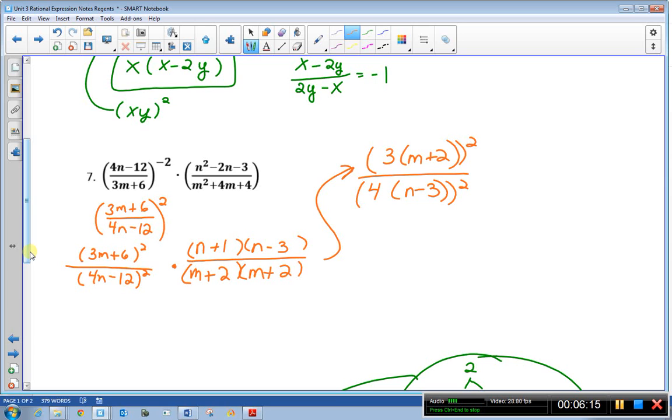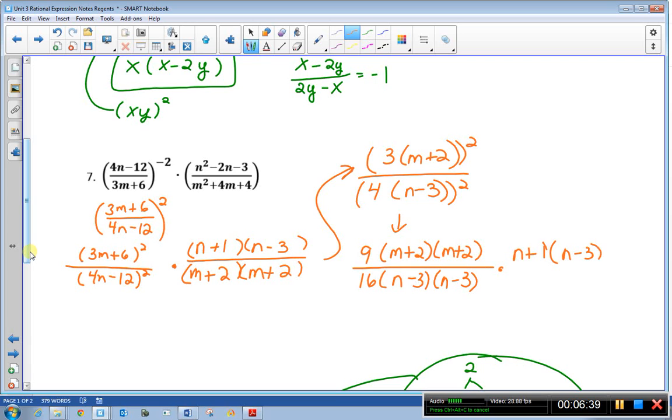So what we really end up getting there is 9 and m plus 2, m plus 2, and squaring 4 is 16 and n minus 3 and n minus 3, times n plus 1 times n minus 3 and m plus 2 and m plus 2.